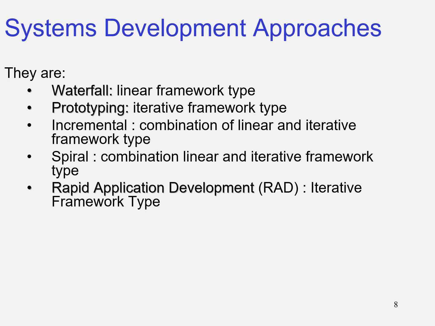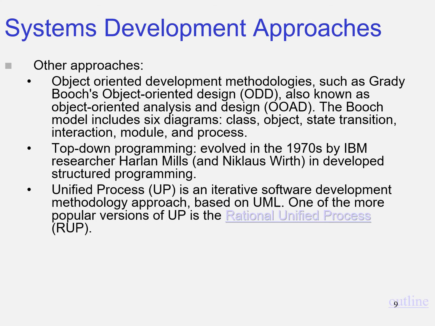Okay, also combining linear and iterative. And then you have rapid application development, which is iterative, okay, meaning that it is in a short cycle. And then you have object oriented, and then you have top down, and then you have unified processes.